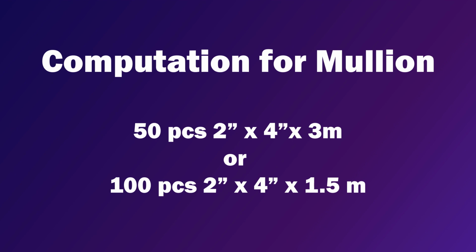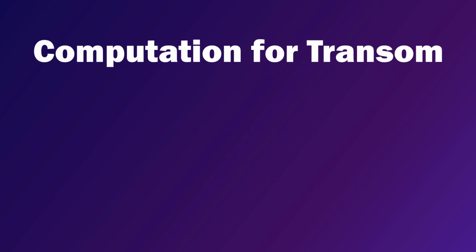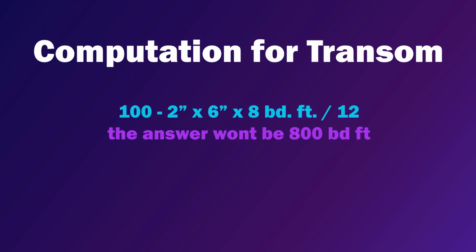Last is the computation for transom. I also don't know if the book has some error or I just can't understand, but if we follow the 100 minus 2 inches times 6 inches times 8 board feet over 12, the answer won't be 800 board feet.